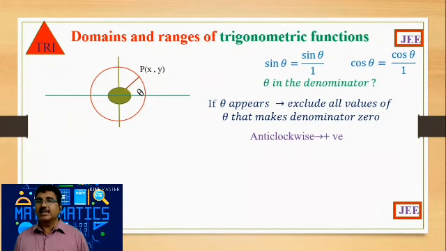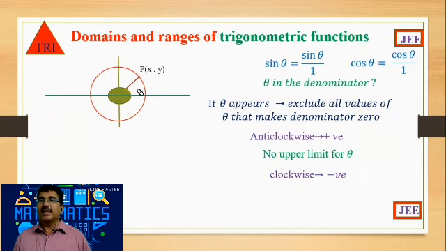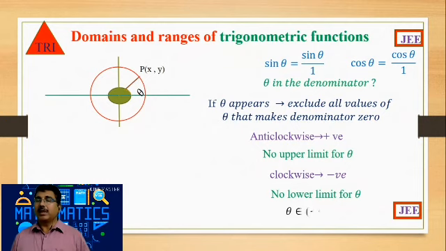If the rotation is in clockwise direction, then the angle can be taken as negative. In either direction, there is no upper limit and no lower limit for theta. Therefore, theta belongs to the open interval minus infinity comma infinity. Therefore, the domain of sine theta and cos theta is the set of all real numbers, that is capital R.